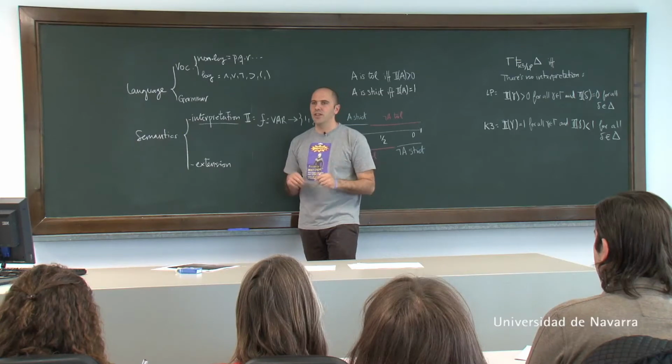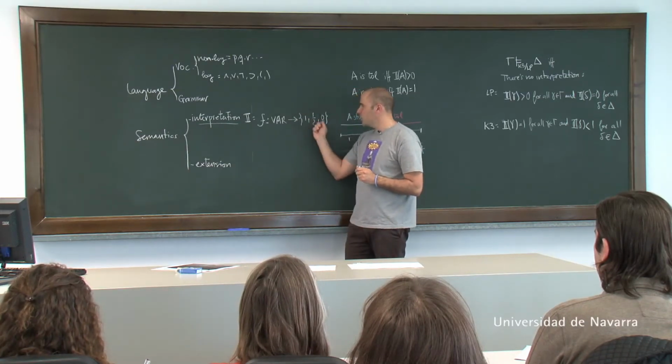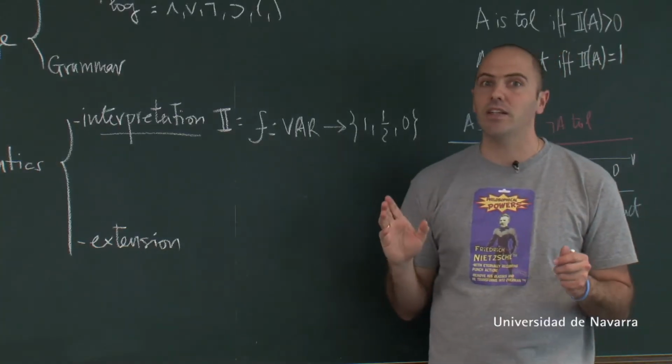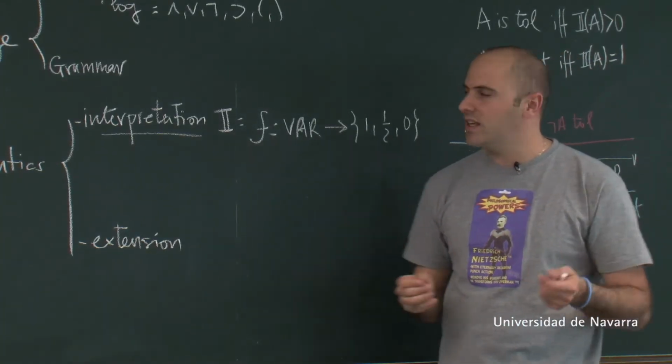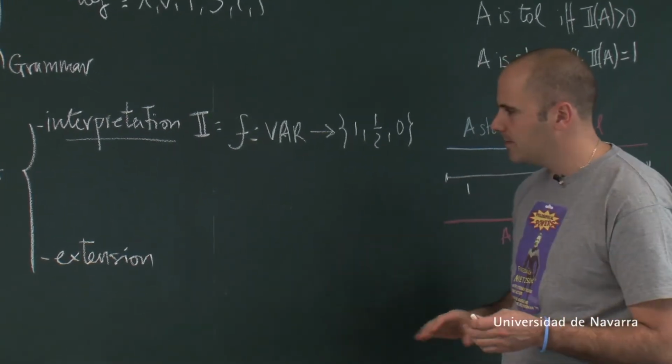So it's a very modest modification of classical semantics. Instead of having two truth values, we're going to have a middle value, and all the game is going to be related to this middle value.